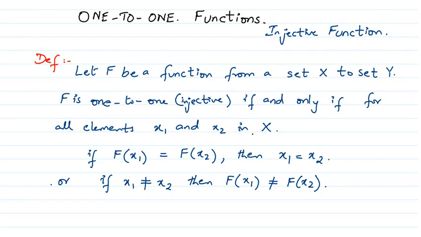Now let me explain the concept a bit in a detailed manner. The point here is that a function may associate a different value of the codomain to each element of the domain, right? Once a function is one-to-one, any two distinct elements of X are sent to two distinct elements of Y, right? What is meant by this?